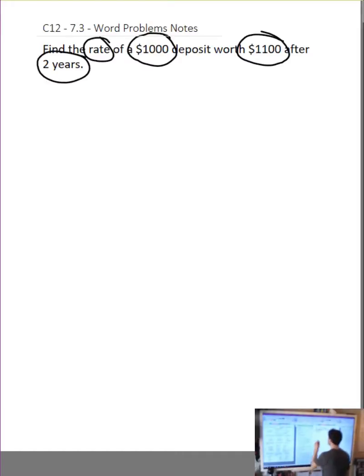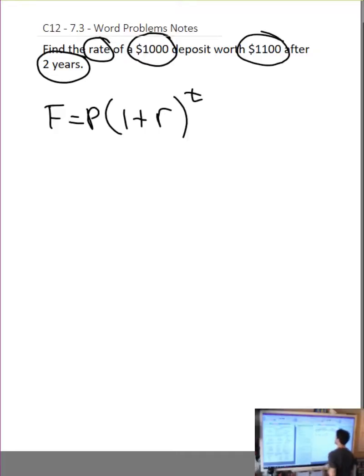Okay, find the rate of a $1,000 deposit worth $1,100 after 2 years. So, again, we're working with money. Future value equals present times 1 plus the interest rate to the exponent time. So it's worth $1,100, so that's a future value.